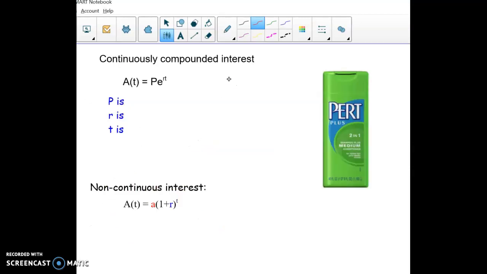Okay, so we had the one formula from yesterday, the A(1 plus r) to the t. And if it's continuous interest, we have a formula that's similar, but slightly different, right? So get the formula down for sure. Mark that it's for continuous interest, because that's how you're going to know which formula to use. If it says continuous, you're going to use this formula.